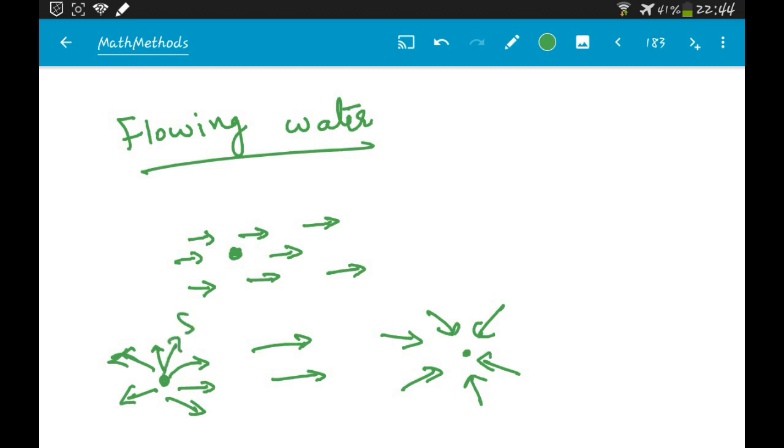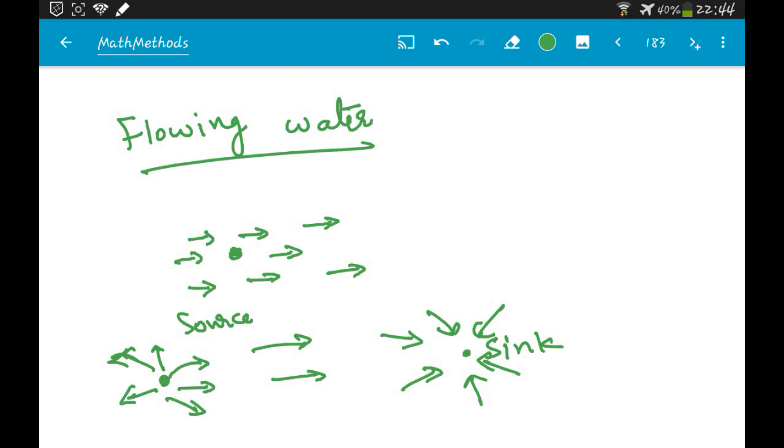This point is called the source, and this point is called the sink. There is a very good video. I will link you to the video and you can watch it to understand it better.